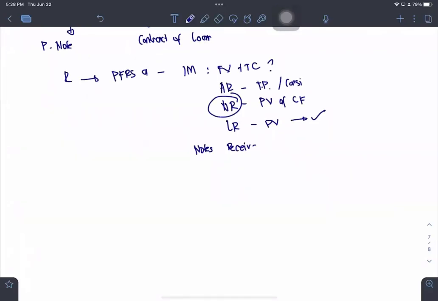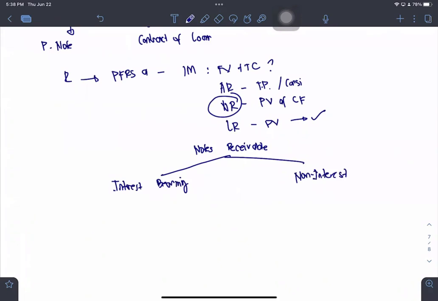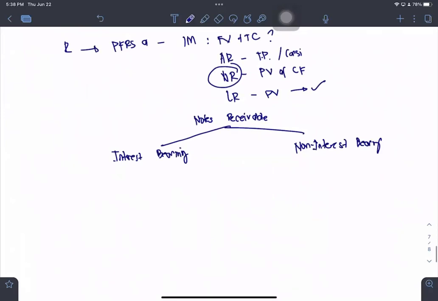So for notes receivable, you need to determine whether it is interest bearing or non-interest bearing. For interest bearing, you need to determine whether it has a realistic rate.